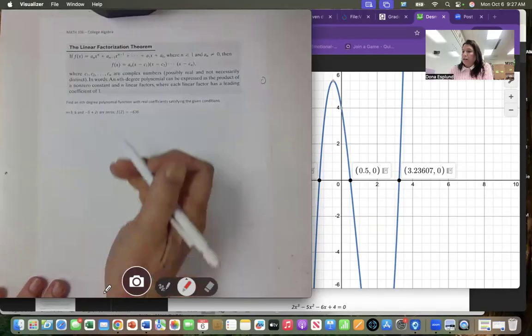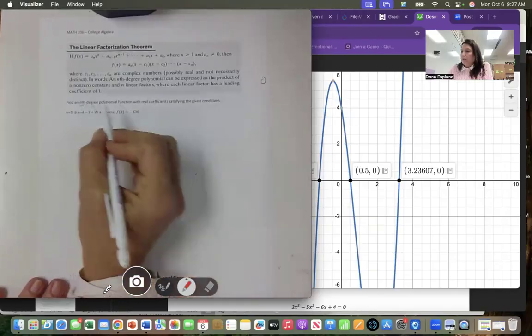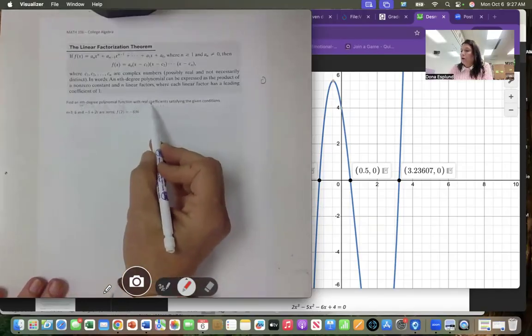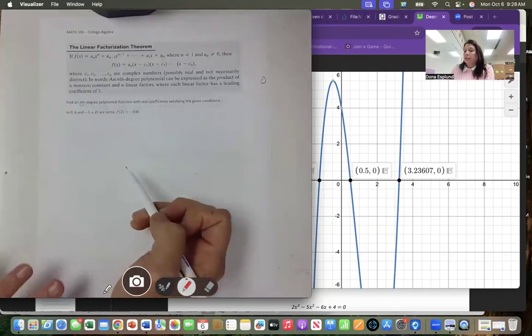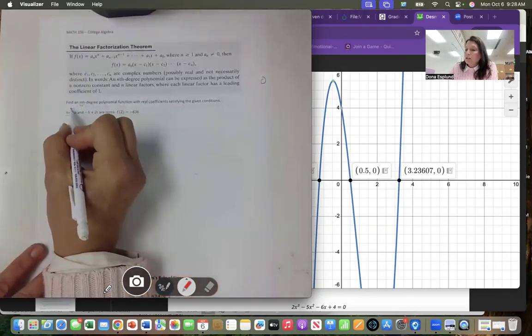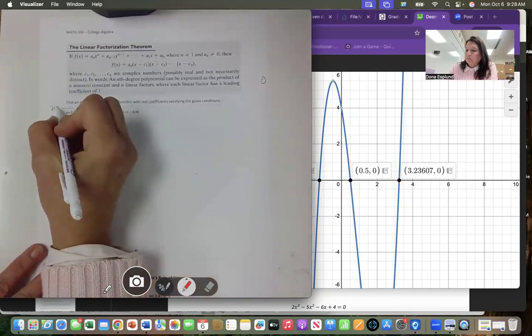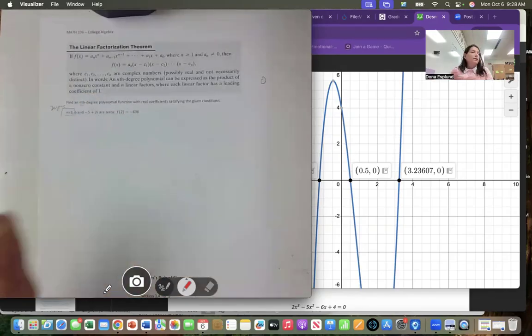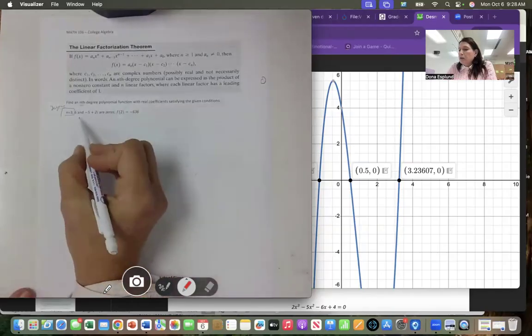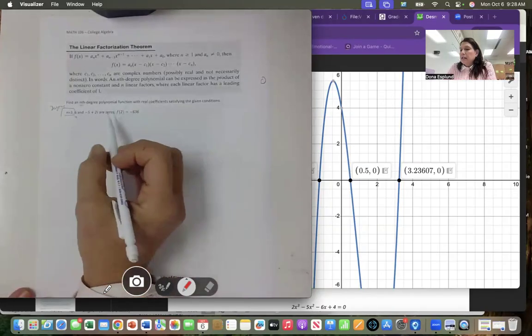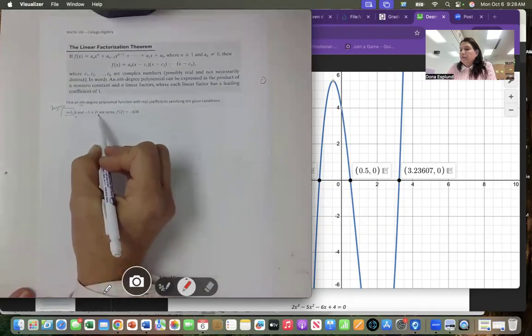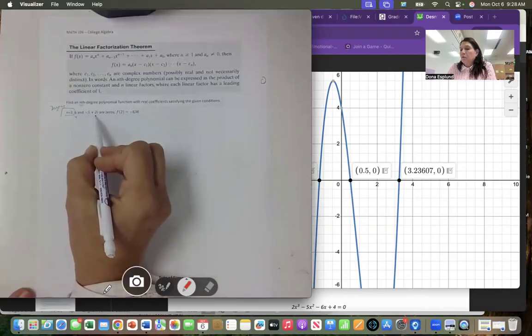So with this one, it says find the nth degree polynomial function with real coefficients satisfying the given conditions. In other words, this is going to be my degree, and it's 3, so the highest power I'm going to have is x to the third. I also have a zero of 6 and a zero of -5 plus 2i.